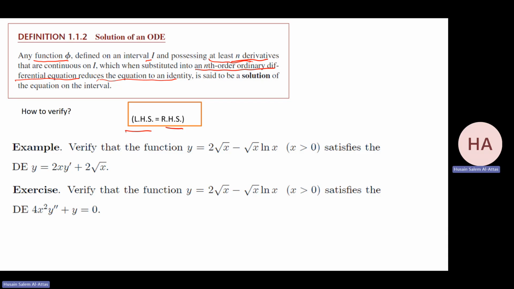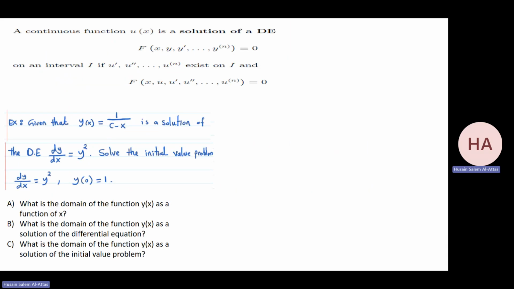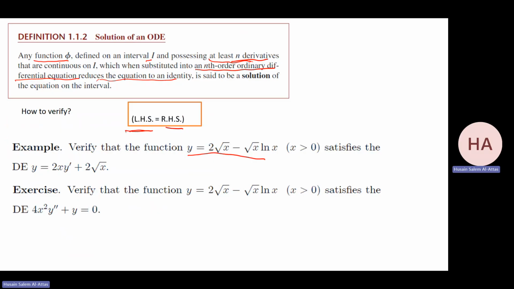Now, how do we verify that a function is a solution of a differential equation? Simply, we substitute it. I want to check that the left-hand side equals the right-hand side. There is no space, so I will do it here. First example: if you look at this y, what will be y prime?